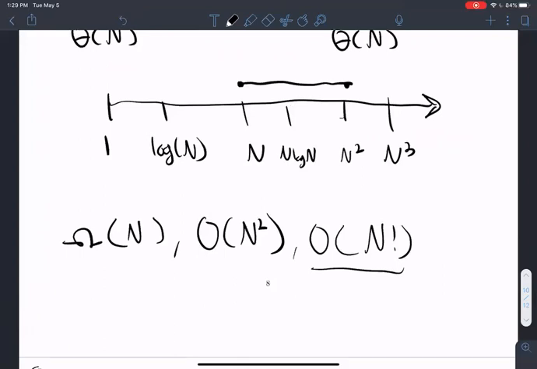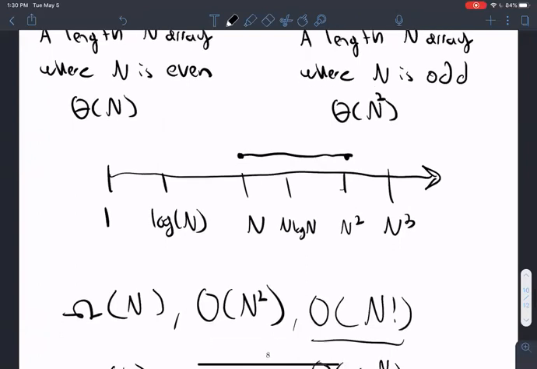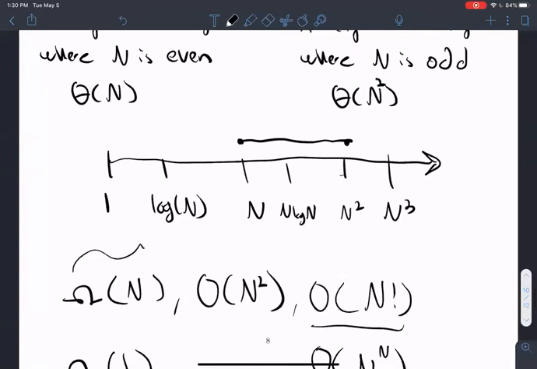You can basically always say O of n to the n, or something super big like that, and you can always say omega of 1. These aren't informative. It's kind of obvious a function would be in that range. So we want as tight as possible, and to get tight bounds, you need to look at the best and worst case, and then put an O or omega bound on them. Okay, any questions there?